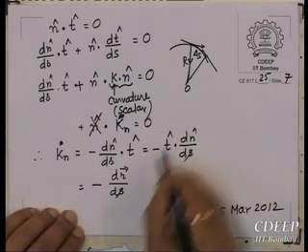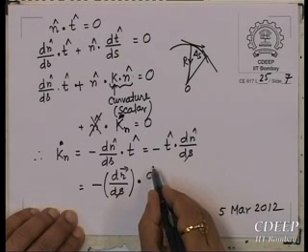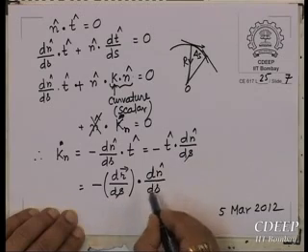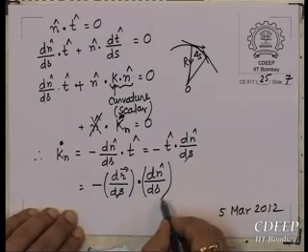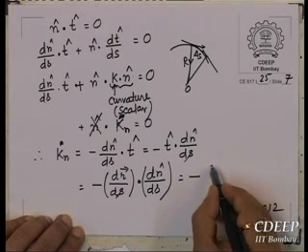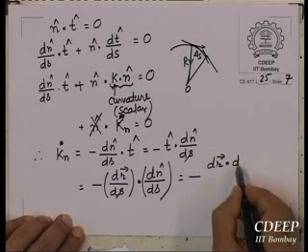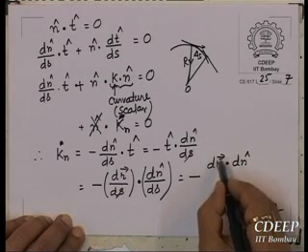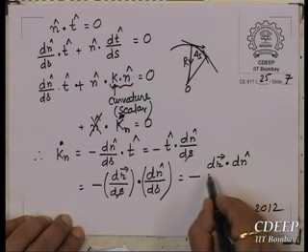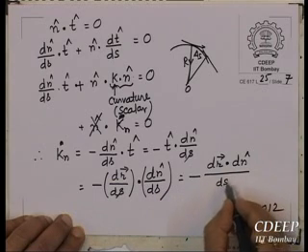So this is dr by ds dot dn by ds, or it is also written as dr dot dn, and the denominator is ds square.